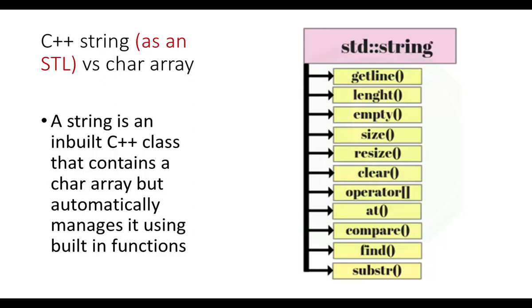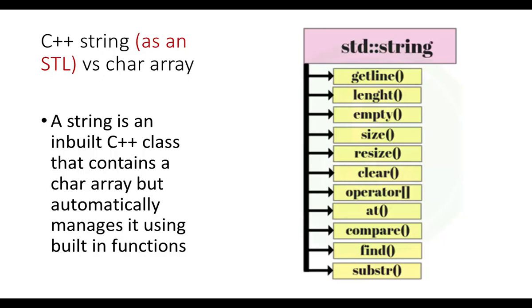String is a library class, so we have to include the string header and we can use it. But it does not have capabilities like other template classes. Like we have used vectors, which can be used for integers as well as characters, whichever you want. But strings are generally used for character array types of things.